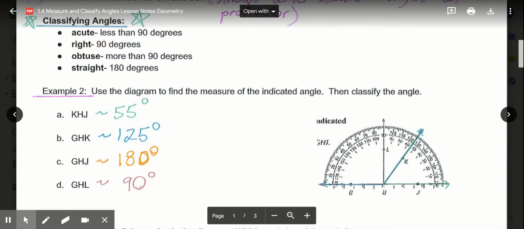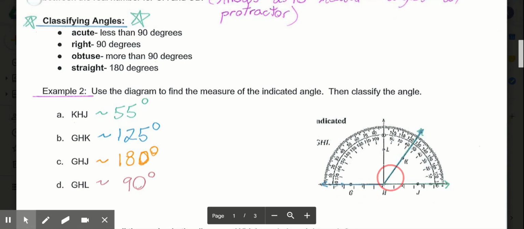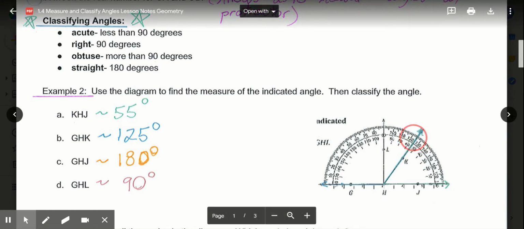For GHK, from G to H to K, that one is more than 90 degrees. So as we go from G all the way over here to where K intersects, I'm going to use the upper numbers, midway between 120 and 130. 125, so 125 degrees, which is an obtuse angle.